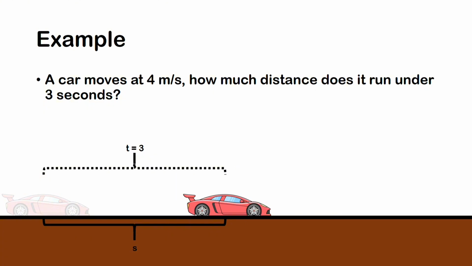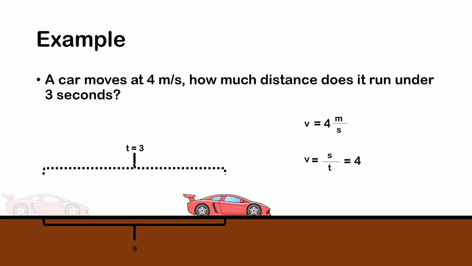So if we want to write down the information, we can say that velocity is equal to 4 meters per second. And then how do we move on? What did we say? That v is equal to s divided by t. So let's write it down: s divided by t. And we know that v is equal to 4, so s divided by t is also equal to 4.